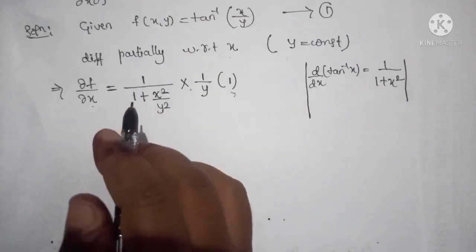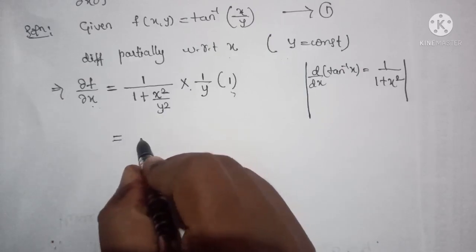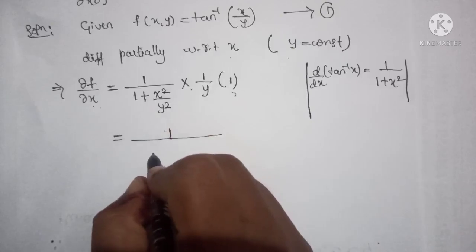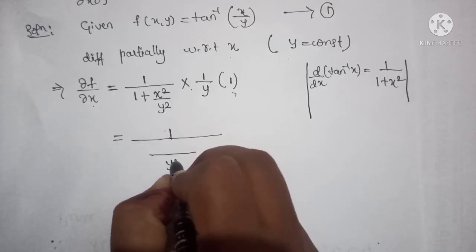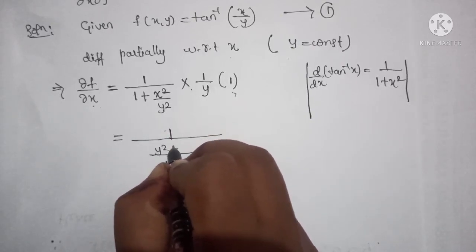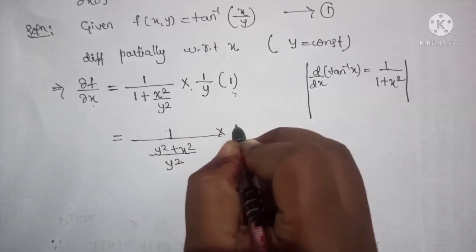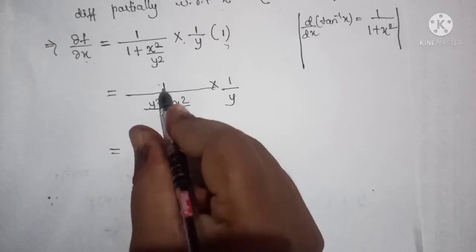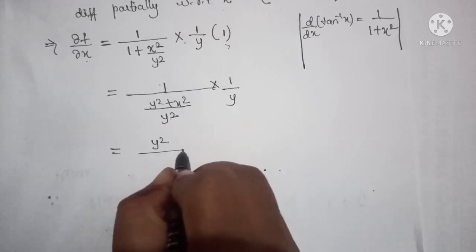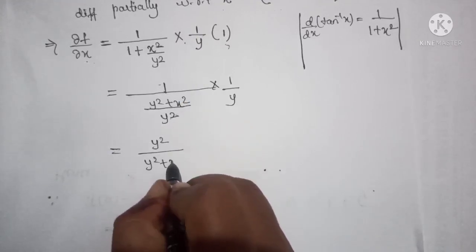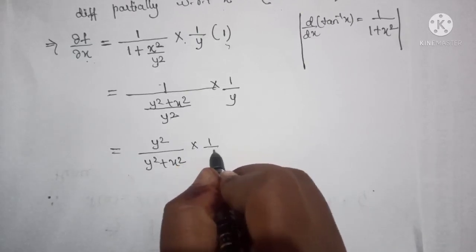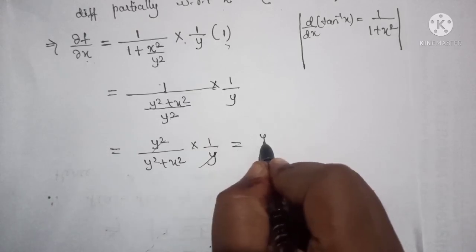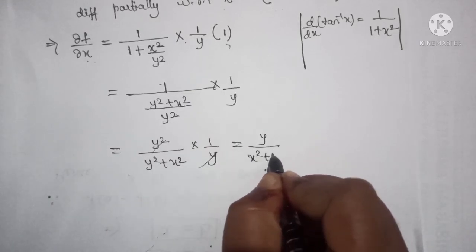Now this can be simplified. In the denominator we take y square LCM. On taking y square LCM we get y square plus x square, into this 1 by y we keep as it is. Now y square goes to the numerator, denominator y square plus x square into 1 by y, one term of y cancels, we get y divided by x square plus y square.